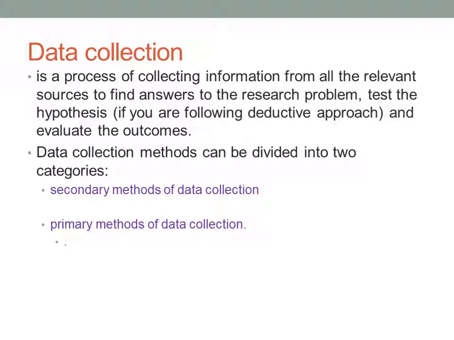This is already available, so we put it before primary. The primary ones are the ones where you actually collect real-time data by means of different collection methods. We'll see what collection methods we can have for research.